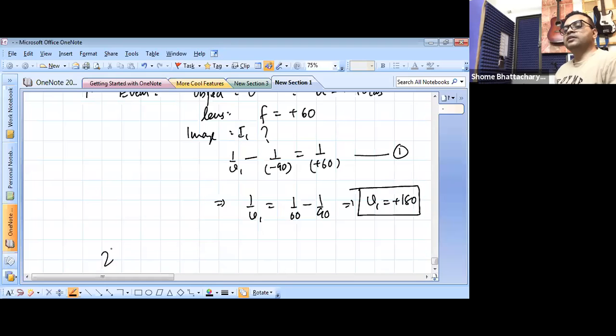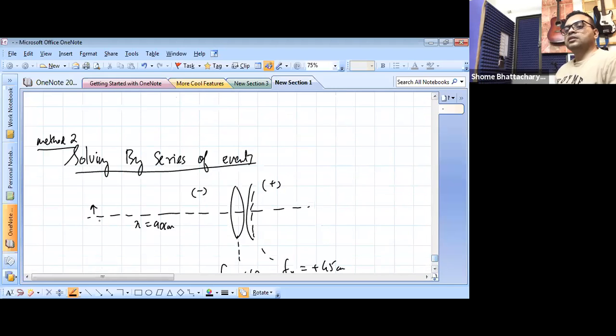Now this second event, what will happen for that? So what is happening here is that the rays of light coming from this are converging to a point behind. I won't get into the full detailed diagram, but suppose you take a point object here.